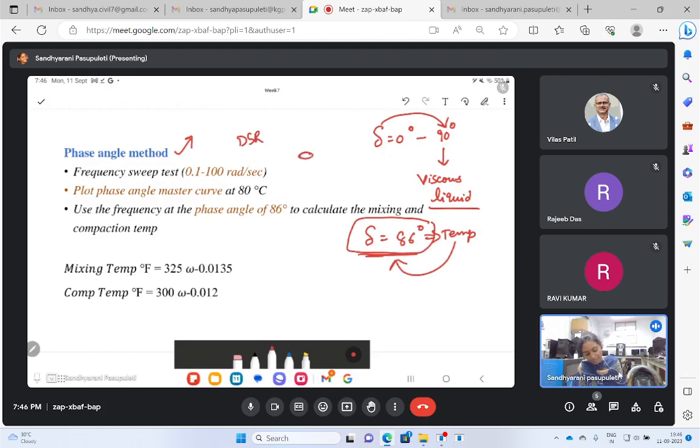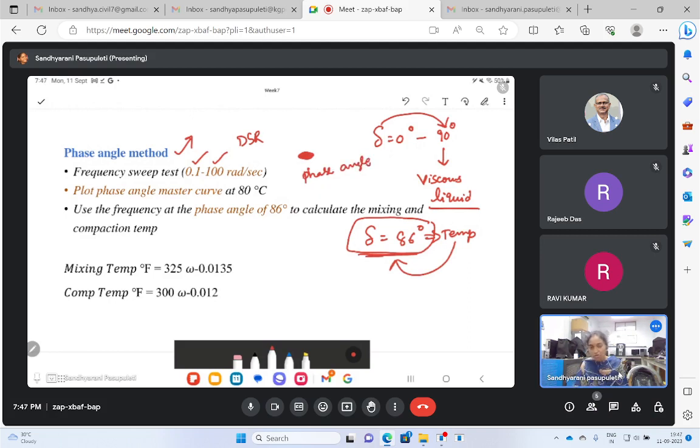So we take the bituminous binder and subject it to 0.1 radians per second to 100 radians per second. I will be rotating my spindle on this bitumen, and then you will find the phase angle. All this data, including the complex modulus, can be obtained from the results.